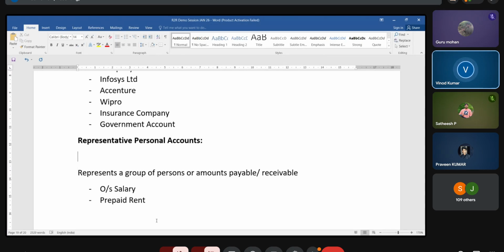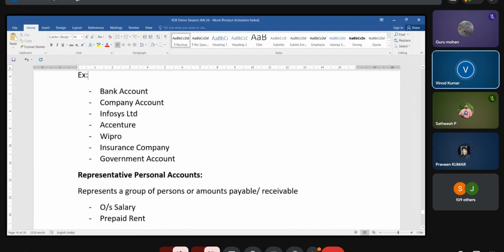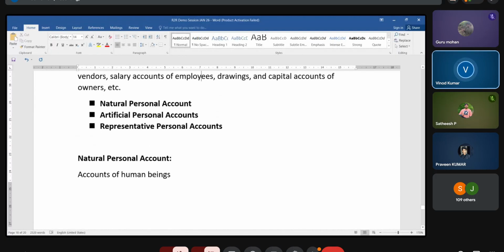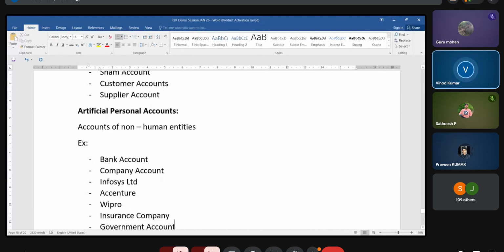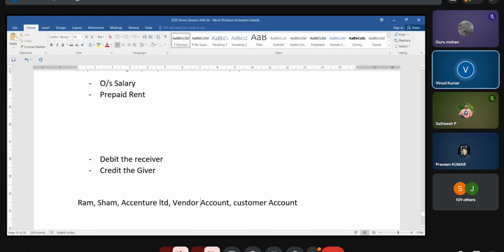Whatever the account might be, artificial, representative, or natural, they all follow a single rule of accounting: debit the receiver, credit the giver. So what is the rule of personal account? Debit the receiver, credit the giver.